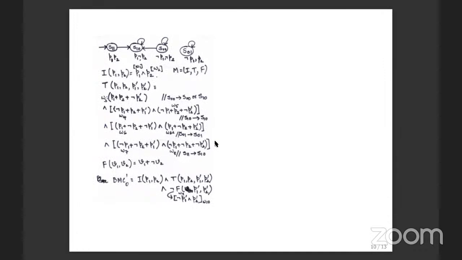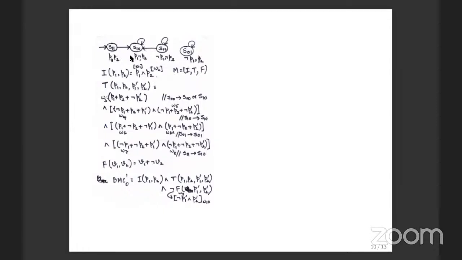This particular example is not a good example to illustrate the advantage of the interpolant method over K induction, because actually K induction gets it in the same number of iterations. But nonetheless, it's a small example that can show how the thing works.